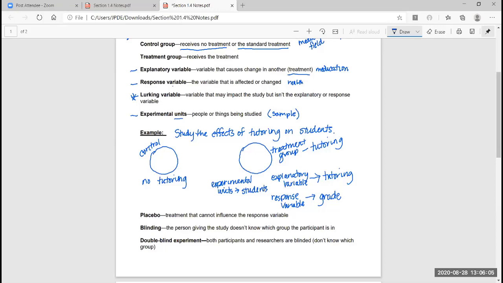Okay, so we're looking at this example and I'm using it to talk about these different terms. And the last thing I want to look at is this lurking variable.